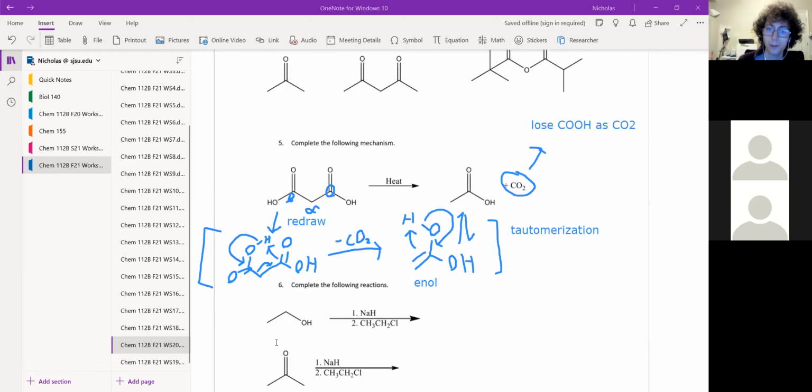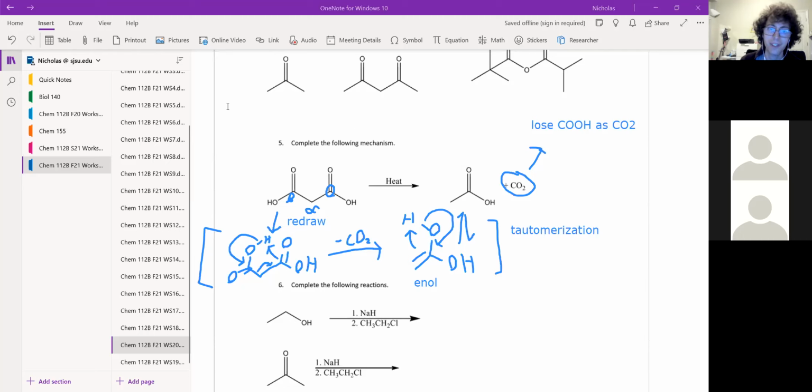So it's pretty short. It's 2 steps if you count redrawing the structure, but it is something that I was expected to know. So unless he tells you otherwise, I'm assuming you also should be familiar with this mechanism.